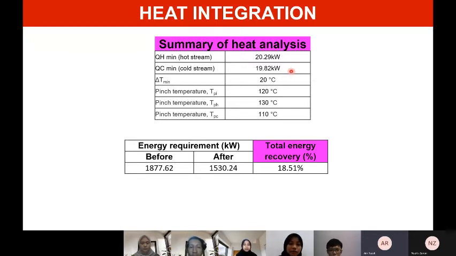Our pinch temperature is 120 degrees Celsius. Pinch temperature for the hot stream is 130 degrees Celsius, and for the cold stream is 110 degrees Celsius. After heat integration, our total energy recovery is around 18.51%.